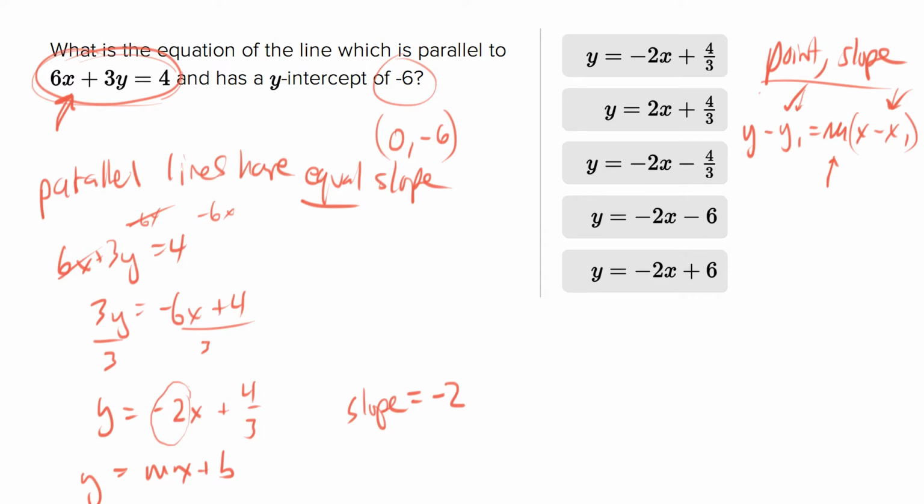Now we can plug in and use our point-slope form equation. Let's plug that -2 in here, and we'll plug the point (0, -6) in.